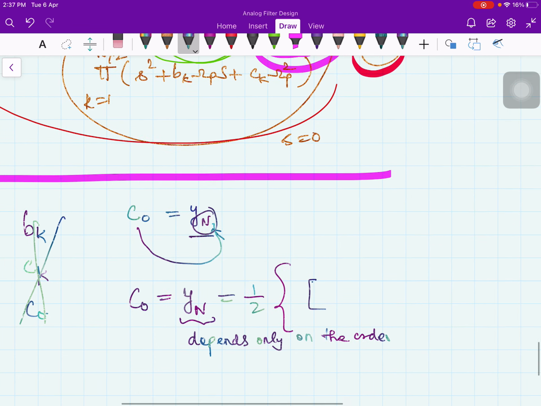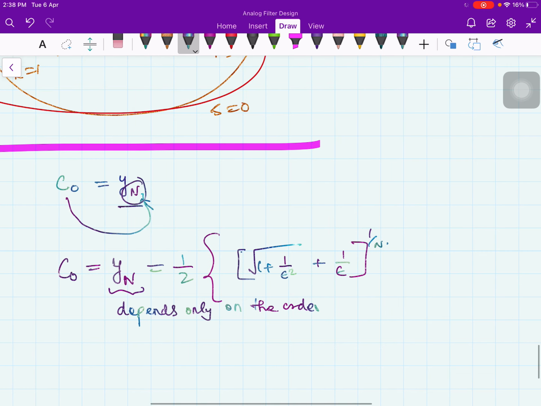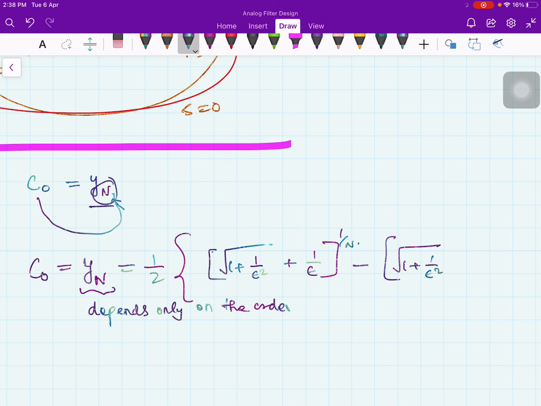It's a lengthy formula. Square root of 1 plus 1 by epsilon squared, plus 1 by epsilon, whole to the power 1 by n, minus the same square root of 1 plus 1 by epsilon squared plus 1 over epsilon, to the power minus 1 by n, and you put a curly bracket.